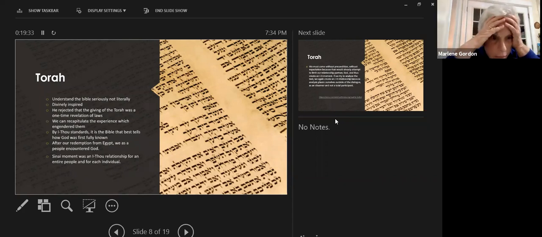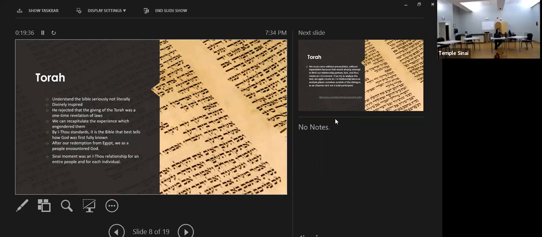That in reading or studying the Torah, we have the opportunity to actually imagine the experience which engendered the writing down of those stories. He firmly rejected that the giving of Torah at Sinai was a one-time revelation of the laws. That was seen as, I don't mean to mix my metaphors, apocalyptic in the Jewish world.